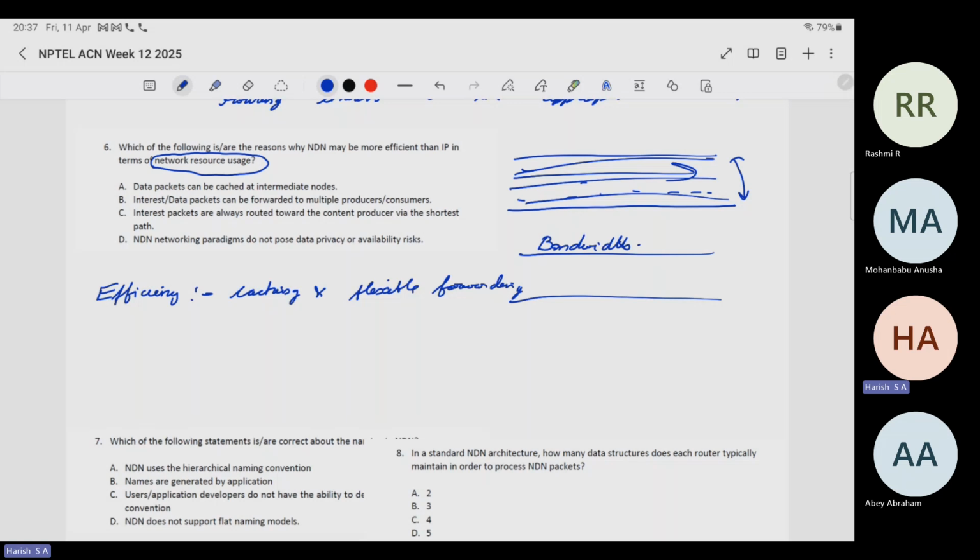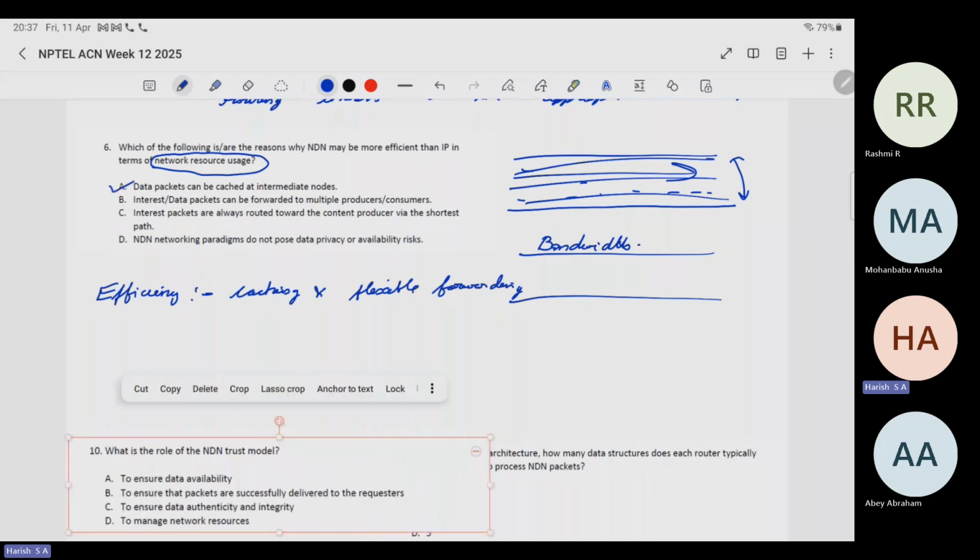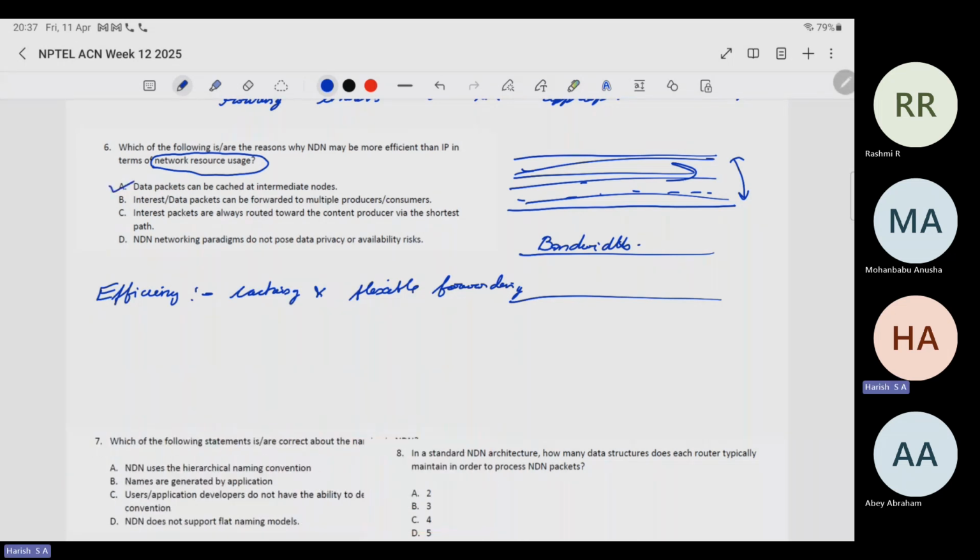We were seeing this in the previous questions, right? So data packets can be cached at intermediate nodes, so this is correct.